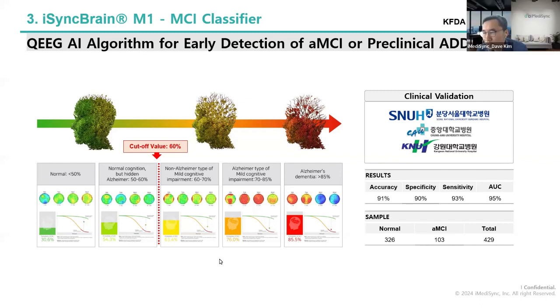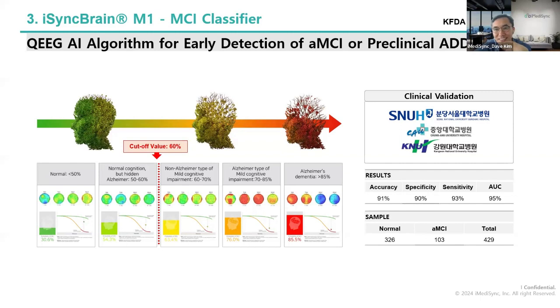This is the clinician decision support system, not the decision itself. Using this measure and integrating your clinical outcome, we can help the clinician to diagnose MCI more exactly.